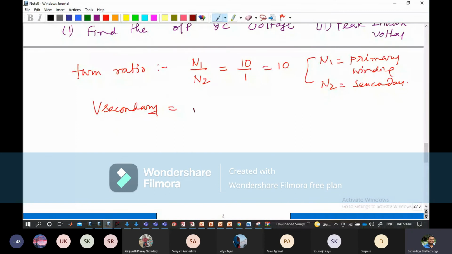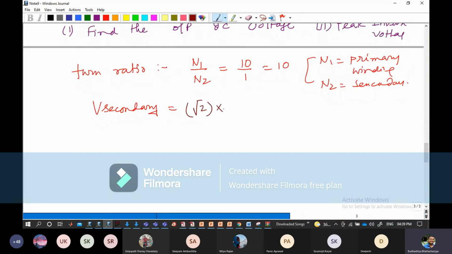V secondary is given by square root of 2 times the V RMS voltage. Remember, for people in Monday's class, I told you if we are supplying 230 volts, we have to multiply by a square root, and that gives a value of 325.3 exactly. Remember, in lab we did it with respect to 308 volts, approximately.